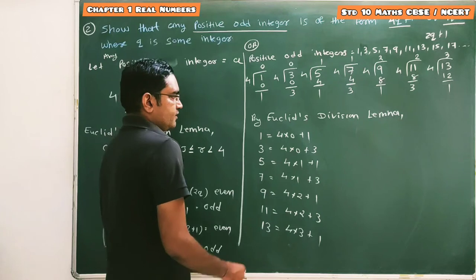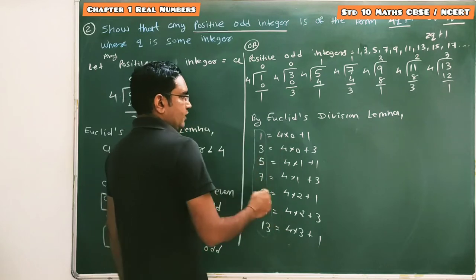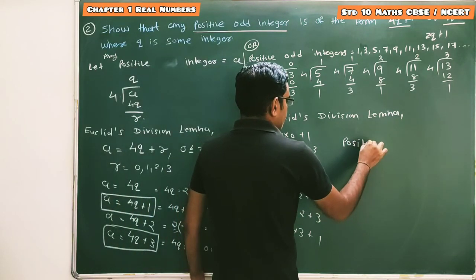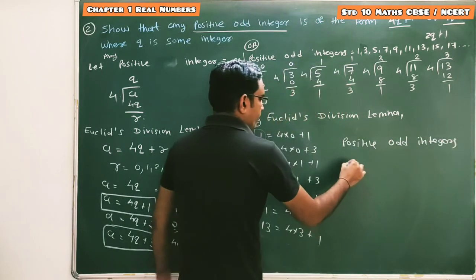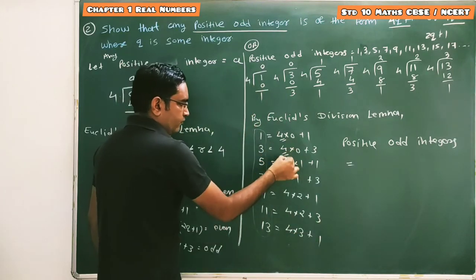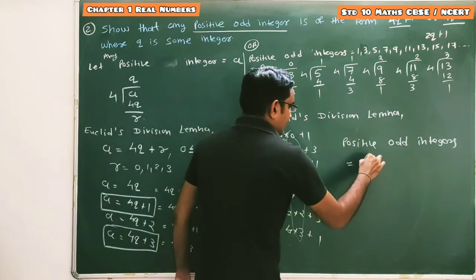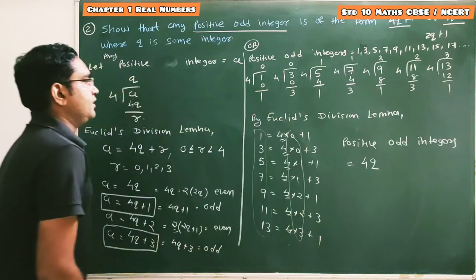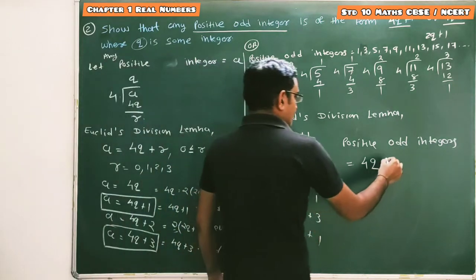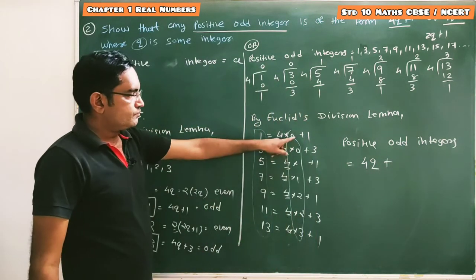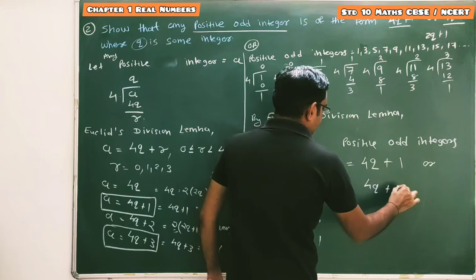Done? So here we can see this 1, 3, 5, 7, 9, 11, 13 are the positive odd integers, and they are all in the form of 4 multiplied by some integer, let's say 4 into q, where q is some integer, so it's 4q plus 1, or they are in the form of 4q plus 3.